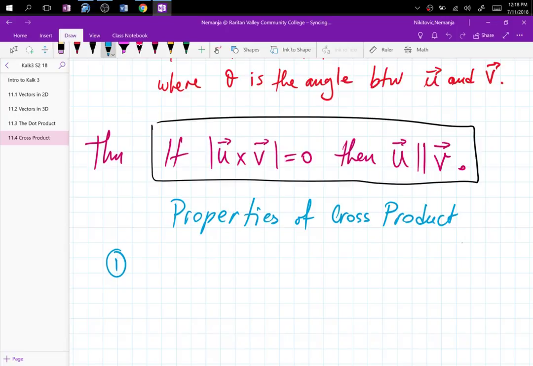Cross product is not commutative. It matters which vector is first, which vector is second. Therefore, you can't just put whatever you want. However, they are related: U cross V is the same as negative V cross U.